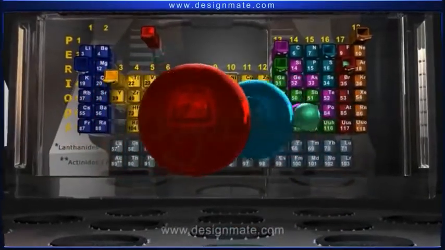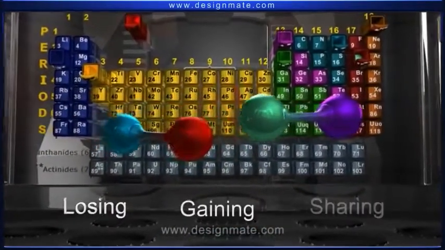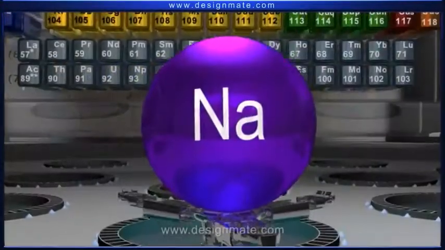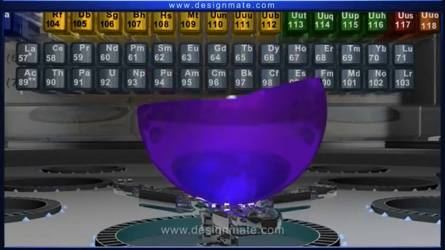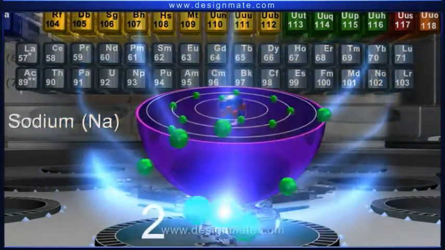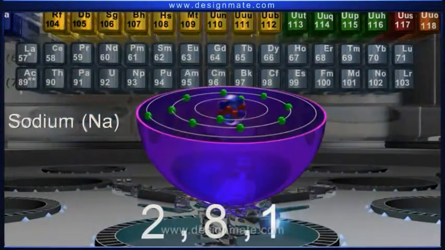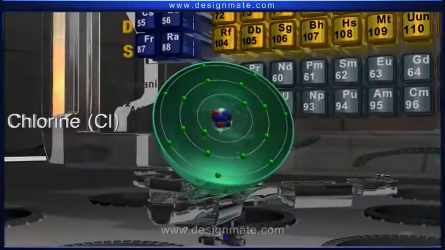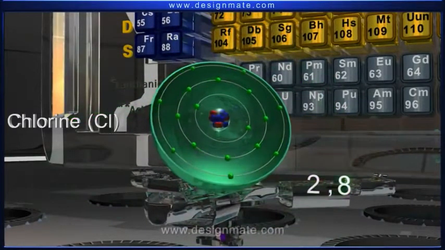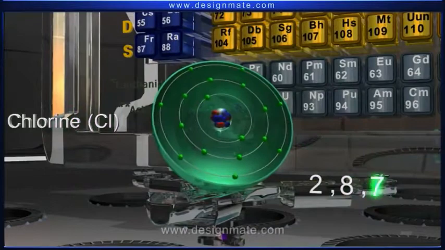Elements combine with other elements by losing, gaining, or sharing their electrons. For example, electronic configuration of sodium is 2, 8, 1. And that of chlorine is 2, 8, 7.